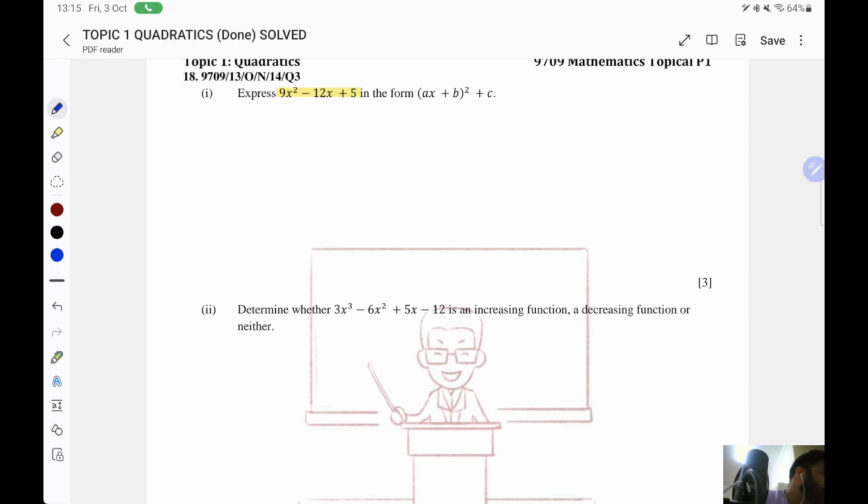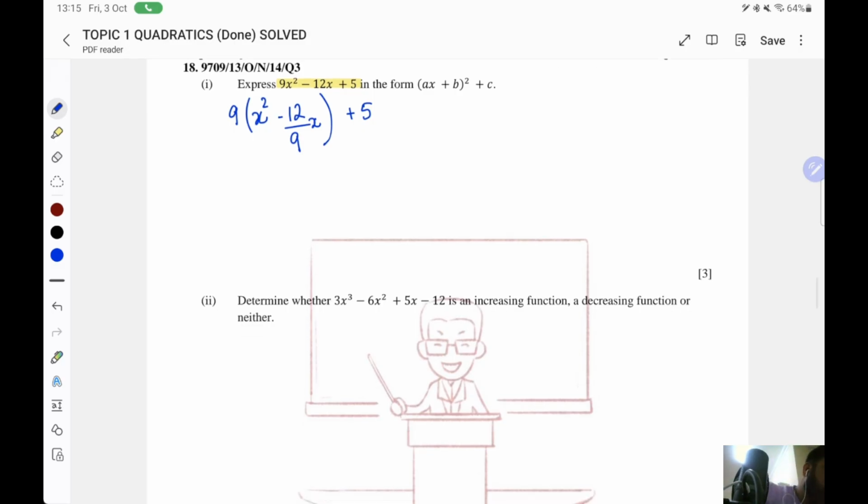It's 9x square minus 12x plus 5. We will take the first two only. If there is anything common in the first two, or even if it's not, in any case we are going to take out common. So 9 I have taken out common. It will be 9 times x square minus 12 over 9 x, and plus 5 will stay out of the bracket because that is going to cost you some additional steps.